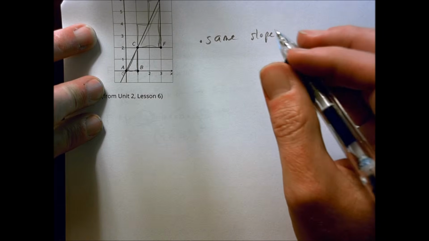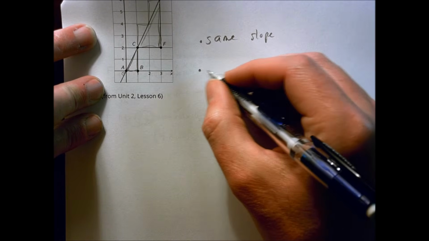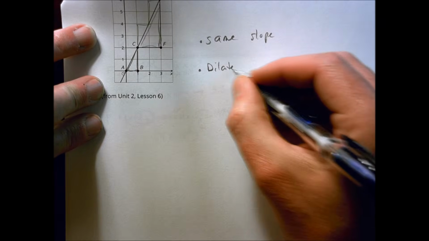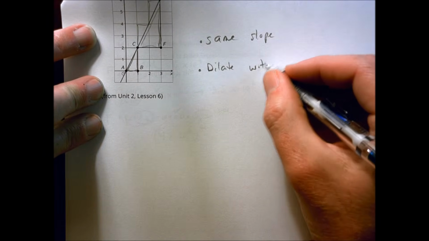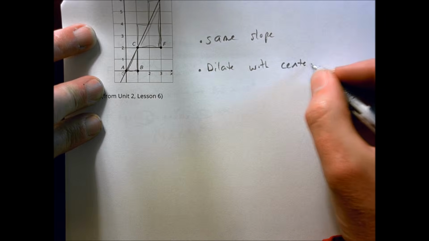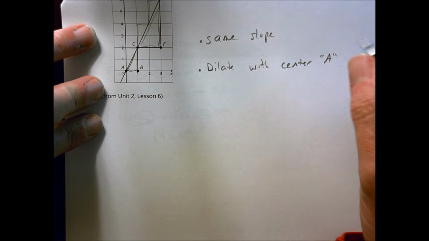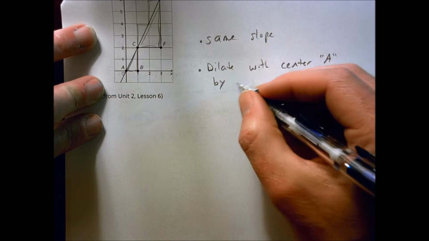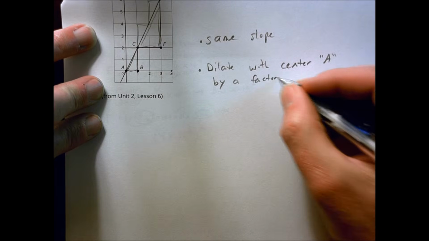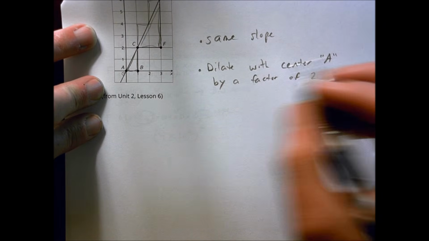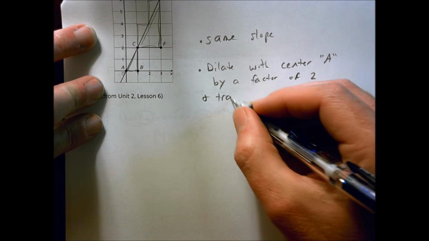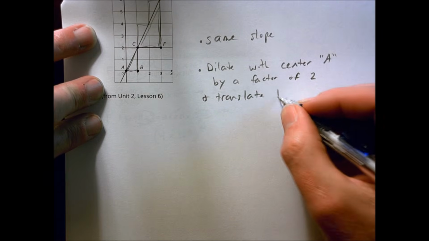We can also say that I can dilate with my center being A by a factor of 2, and then translate to C, right?